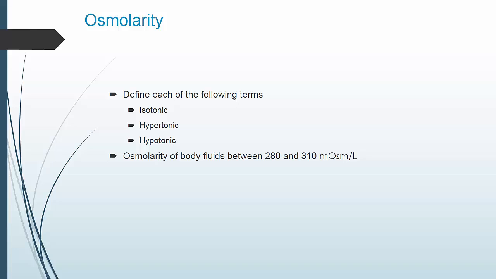This tonicity is measuring essentially the milliosmoles per liter of fluid. So when a fluid is equal to the bodily fluids in the amount of its solutes, it's said to be isotonic. The osmolarity of the body is between 280 and 310 milliosmoles per liter.